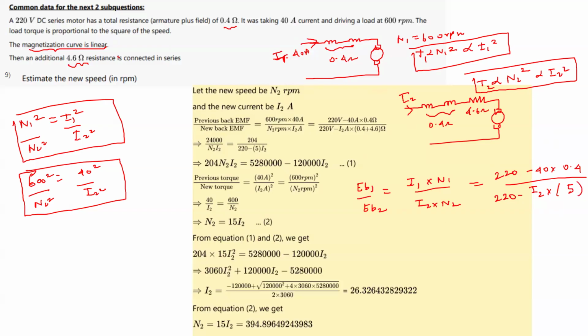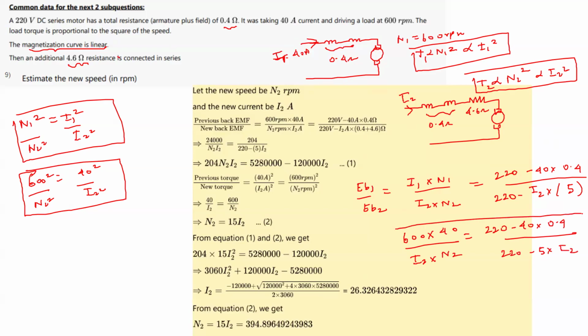Here I1 and N1 are known: I1 is 40 and N1 is 600. This is another relation using the back EMF condition.